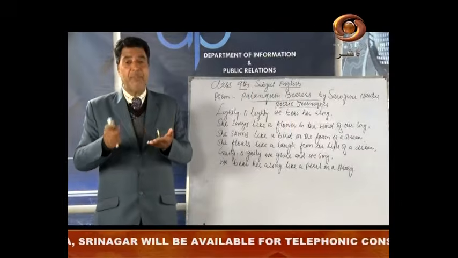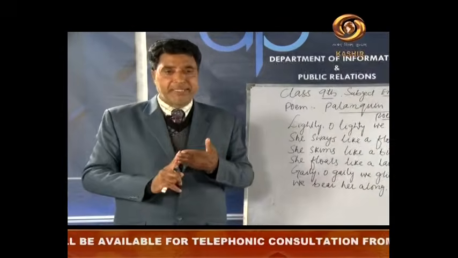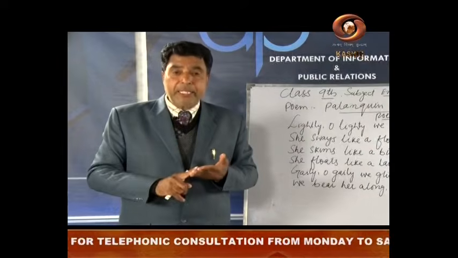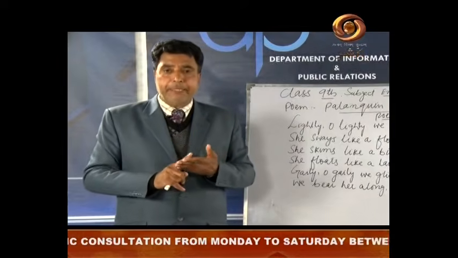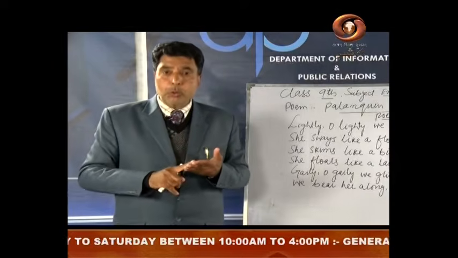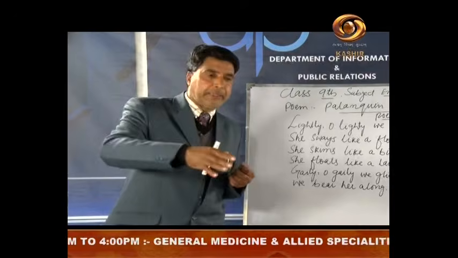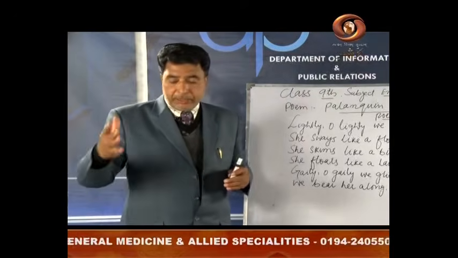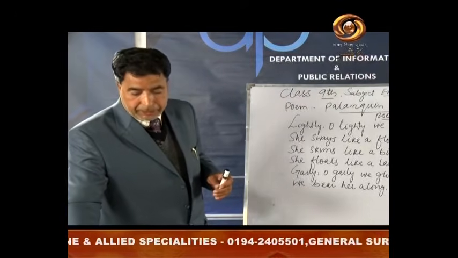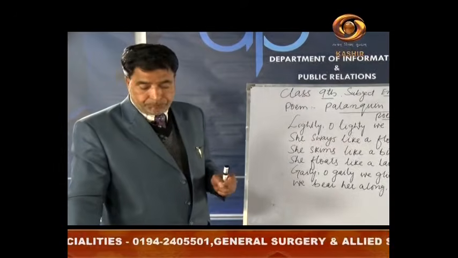So like a flower here is a simile, because a simile is a poetic technique that the poets generally use to give a comparison between one thing and another, or a person. I'll just recite one of the Urdu verses here.